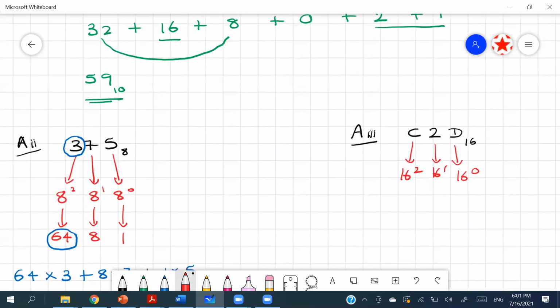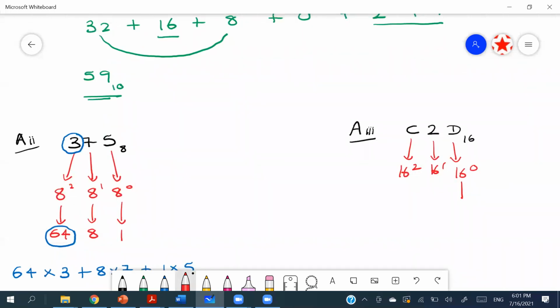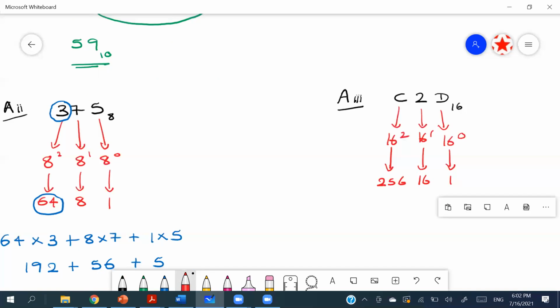Right? Once you convert those into the corresponding values, it's going to represent 1, 16, and 256. Right? So as usual, we are going to multiply the corresponding place value with the symbol value, right?